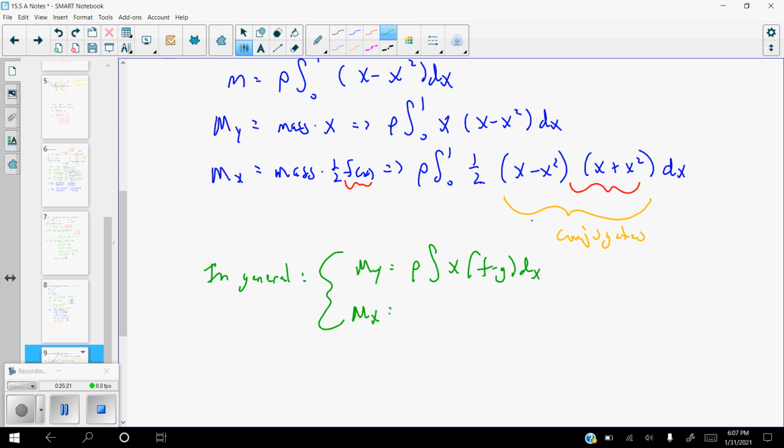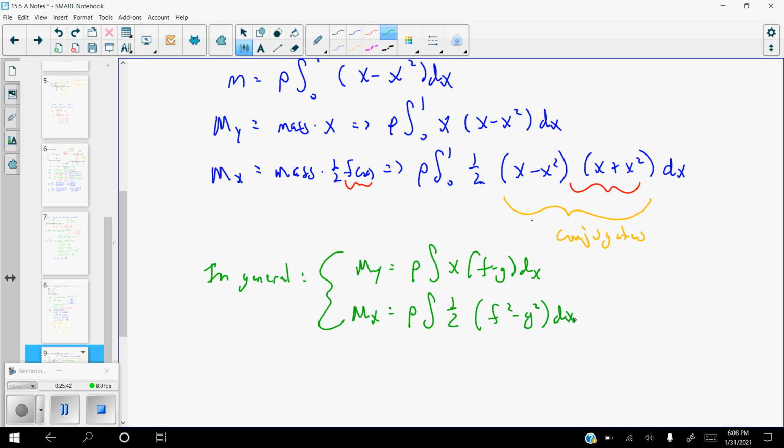The moment of x, however, is going to be rho times the integral of 1/2, and because of the conjugate part, it's going to be f squared minus g squared dx. And again, that's if you have two different functions that are not the x and y axis.